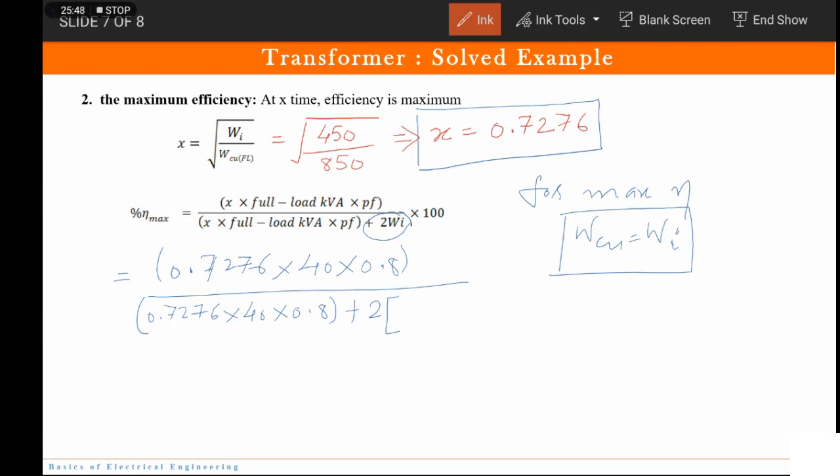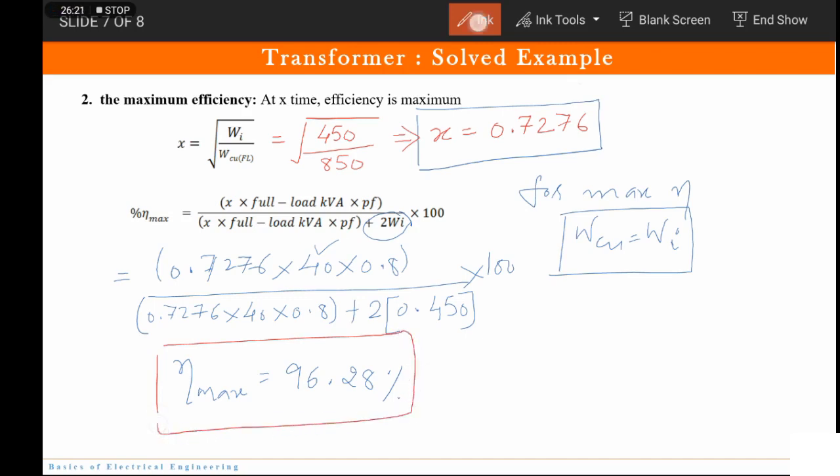Come on, this is kVA now, correct? So if this is kVA, we have to take 0.450. I hope you understood this concept. Into 100. After calculating this, I got the value of maximum efficiency to be 96.28%. So this is our answer.